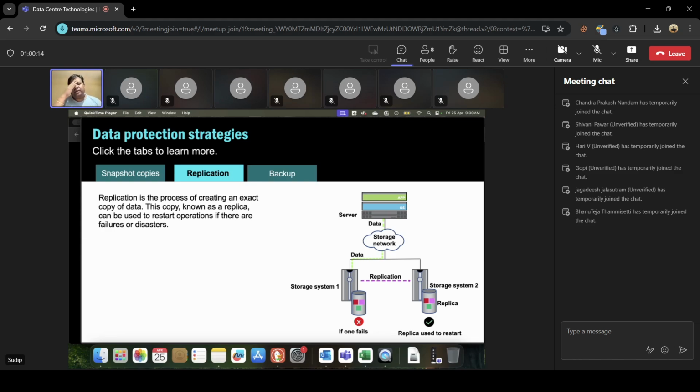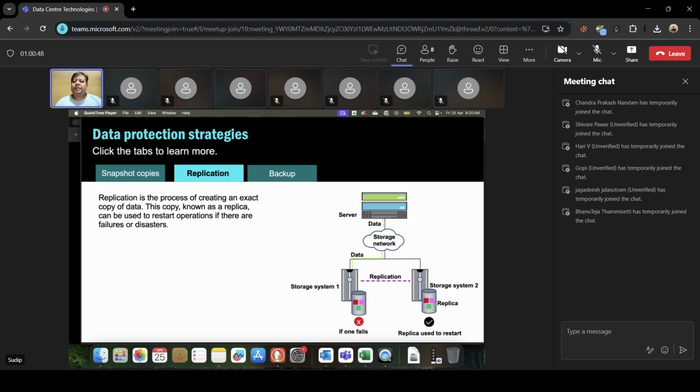Synchronous replication means as and when data is coming into storage system 1, exactly at the same time data is going to storage system 2 also. There is very little delay. The delay could be measured in milliseconds or nanoseconds. So almost instantaneously, every byte of data coming into storage system 1 is going into storage system 2. This is called synchronous replication, completely in sync with each other.